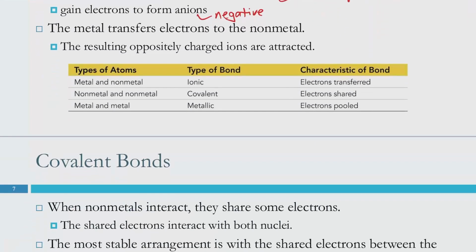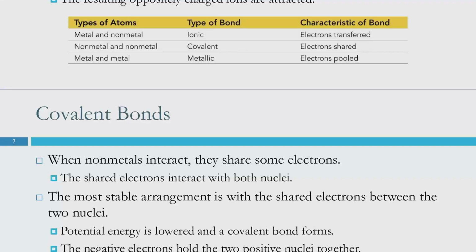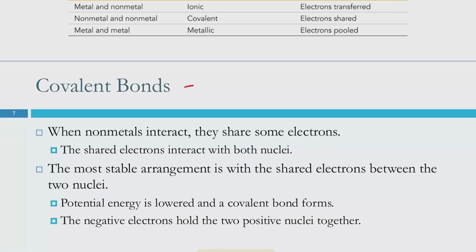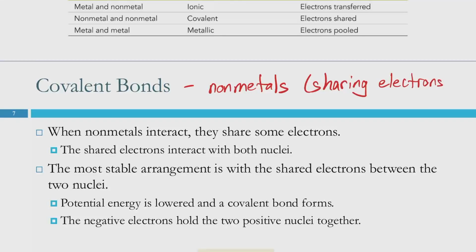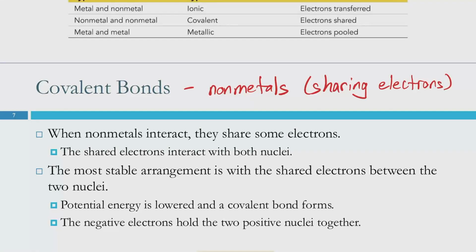We also have covalent bonds. Covalent bonds are formed between nonmetals, and these are shared electrons. In ionic bonds, there's a transfer of electrons.